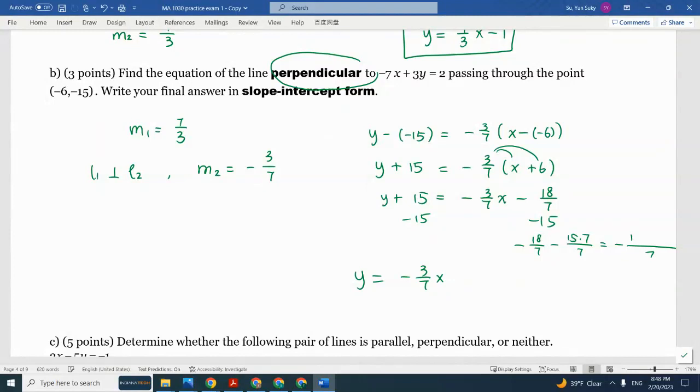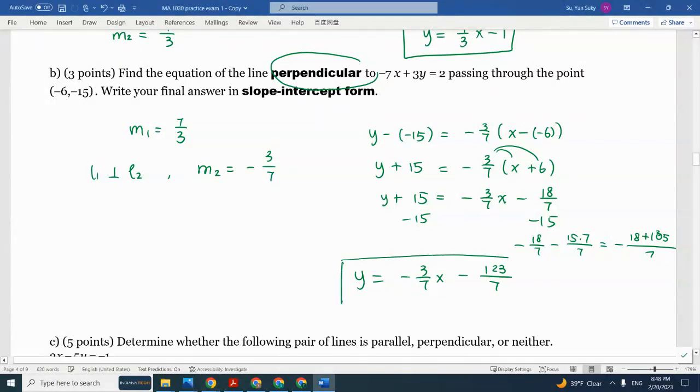So you get 18 plus 5 times 7, 35. 7 times 1 is 7. 7 plus 3 is 10. So 105 plus 18 is 123. Right, everybody? So we got this answer.